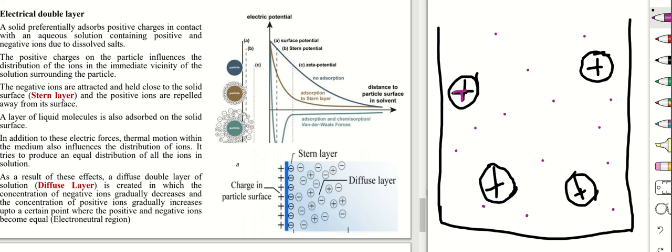Right? Now let's focus on this graph and on this illustration.